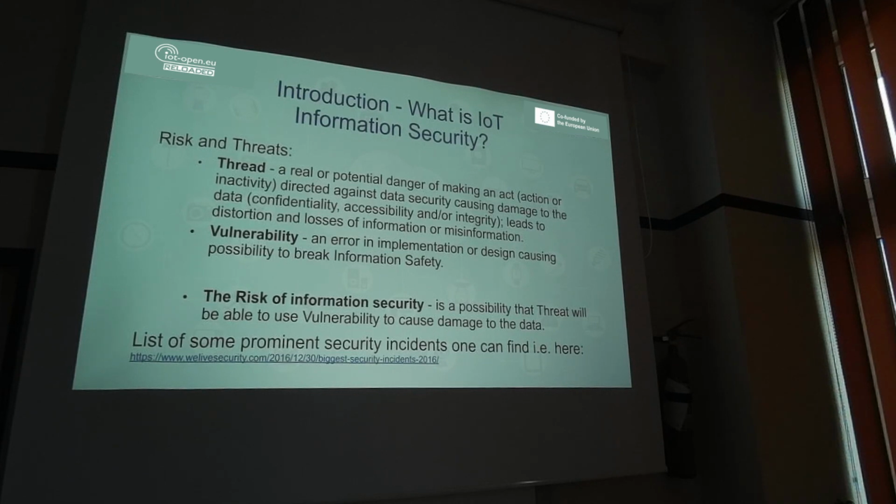Active is that you do, for example, modify the data. And passive is when you disable the service that is supposed to modify the data, but it can't right now, right? So it's directed against data security, and it's causing damage to at least one of those factors that we defined previously. Either it's confidentiality, accessibility, or integrity. You may experience here misinformation, loss of information, or distortion.